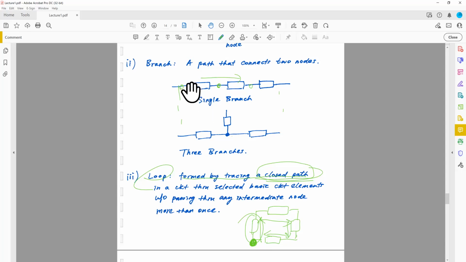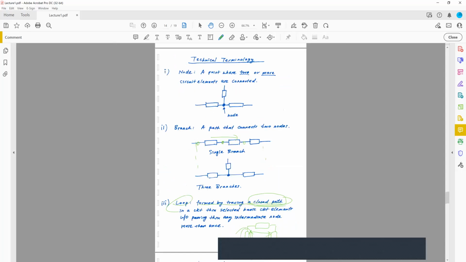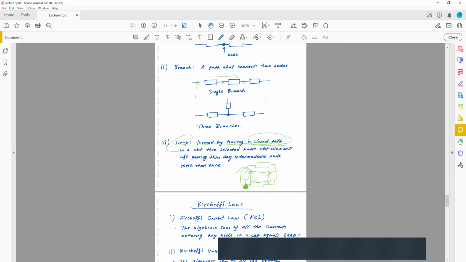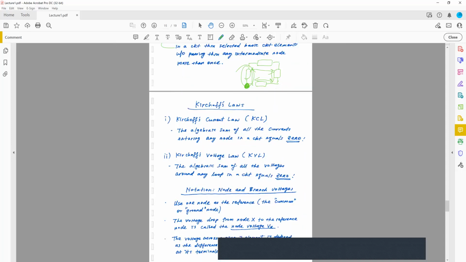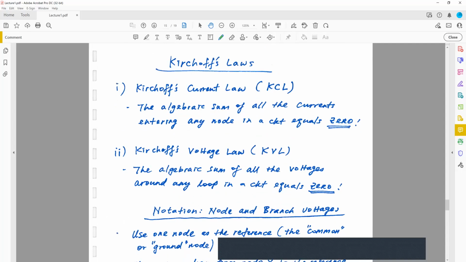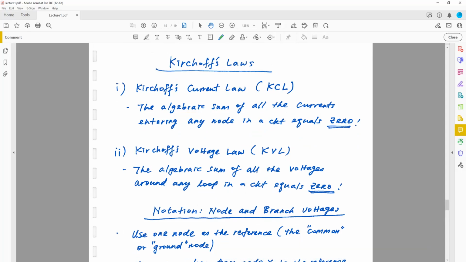We're going to be using the definitions of node, branch, and loop to understand our main topic here, which is Kirchhoff's laws. As I alluded to earlier, Kirchhoff's laws consist of 2 parts. The first one is Kirchhoff's current law.